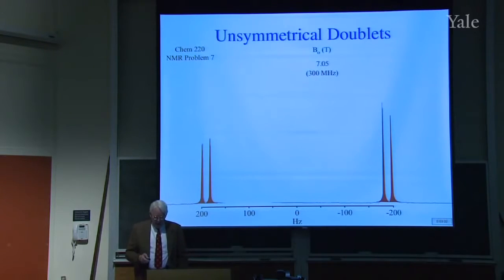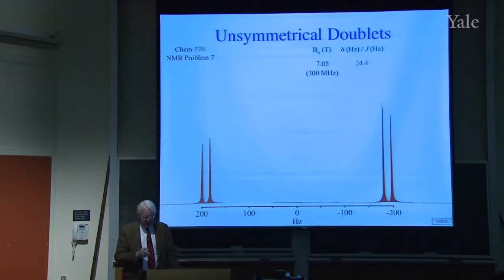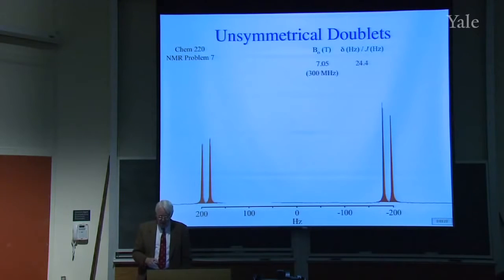Now, it turns out that the ratio of the chemical shift difference, delta, measured in hertz, not in parts per million, we want to be comparing apples with apples here, hertz with hertz. So the chemical shift from here to here is much bigger than the coupling constant, J, right? It's 24.4 times as large, and that's the pattern we see.